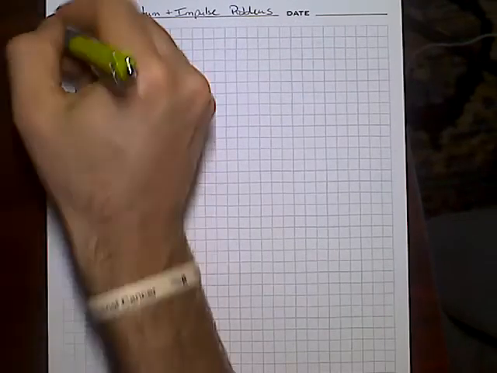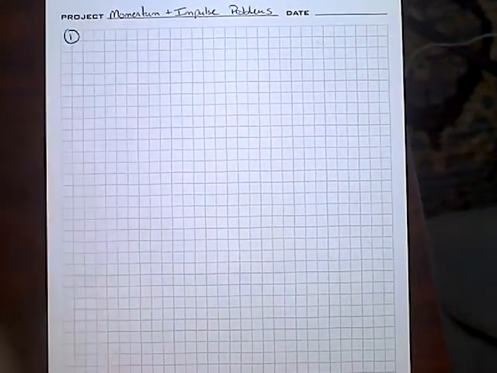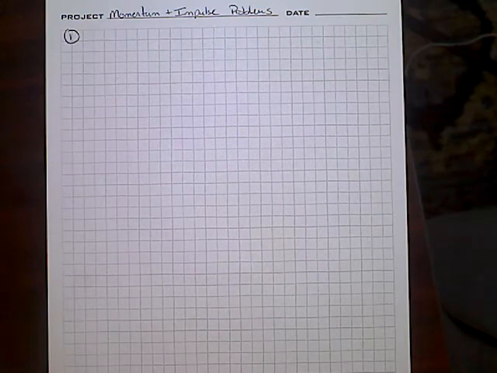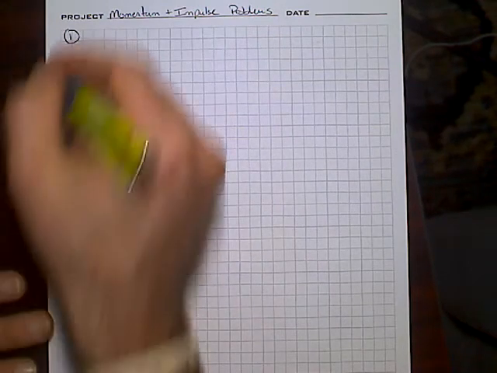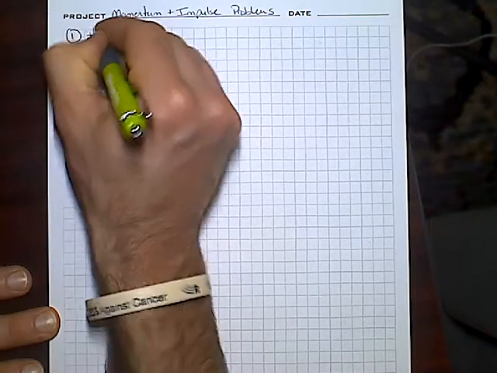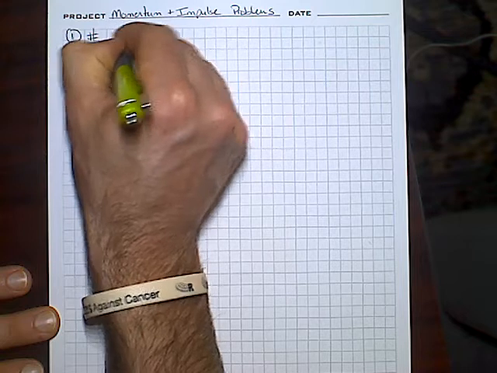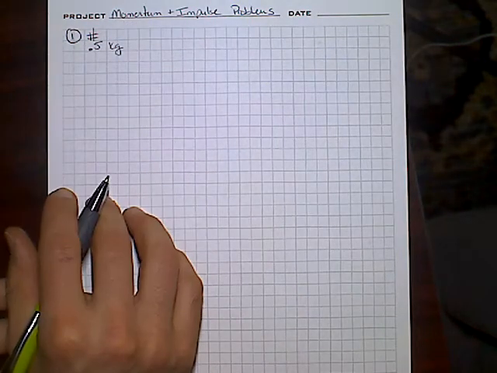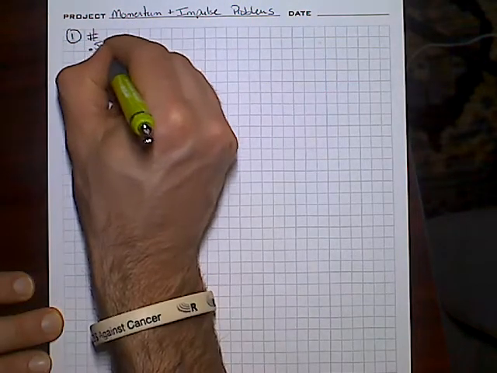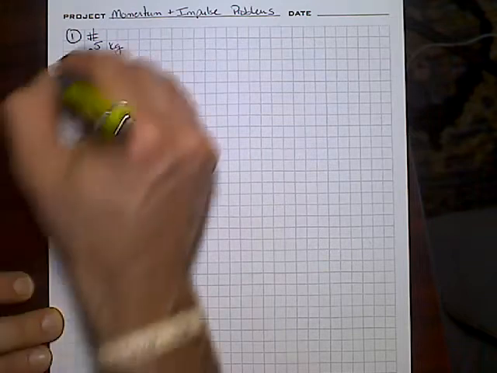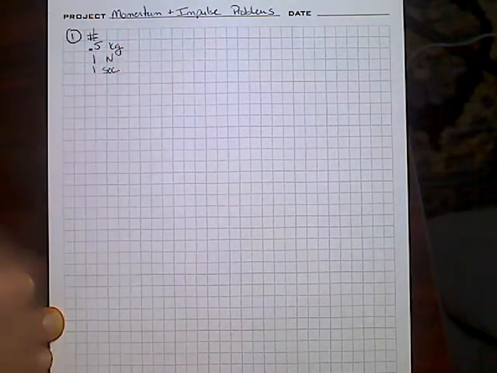All right, so for number one, we are looking at a 0.5 kilogram cart. Cart number one is pulled with a force of 1 Newton, and it is pulled for 1 second.